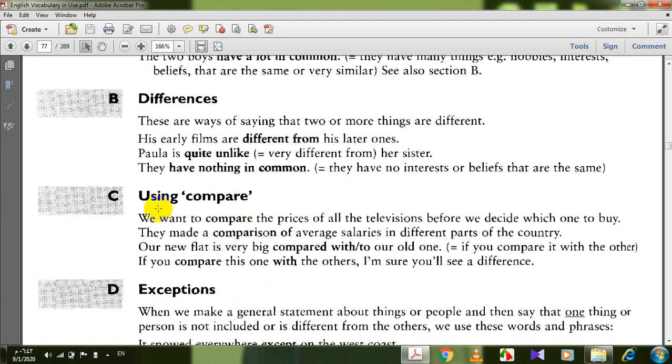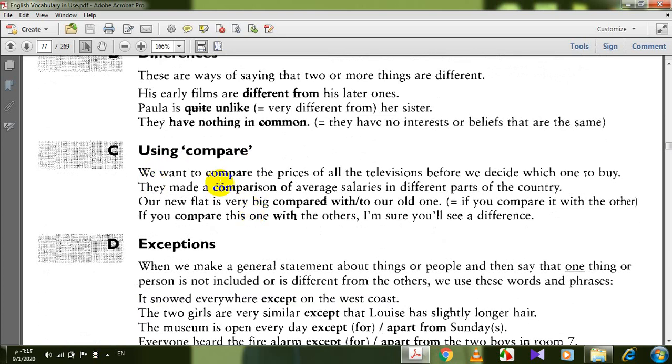Using compare, compare to, compare with. We want to compare the prices of all the televisions before we decide which one to buy. So, compare the prices.